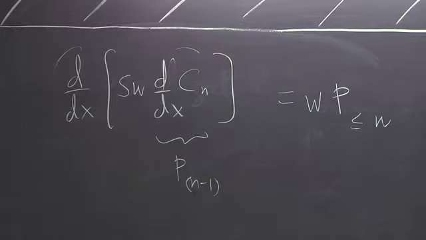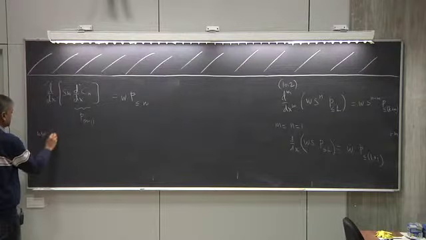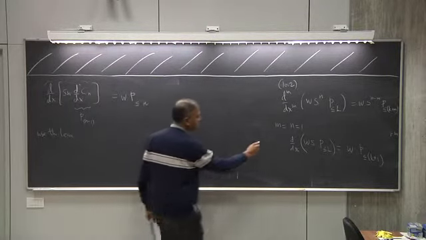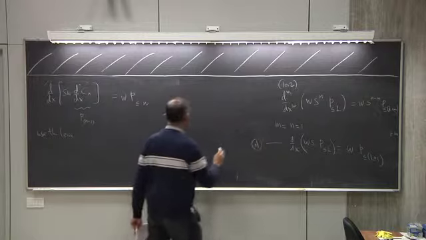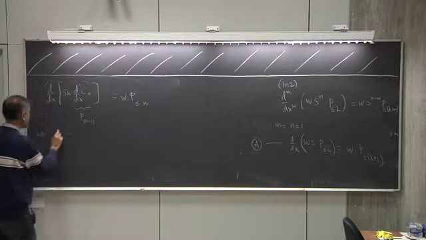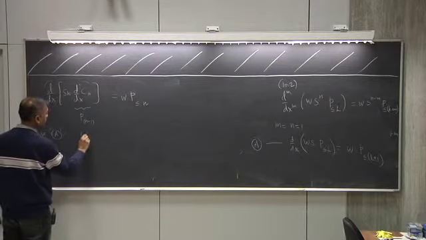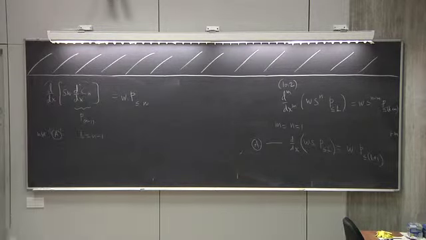That's what the lemma is saying. Let's call that last equation, equation number A. Use equation A by choosing k equal to n minus 1, then you get that formula.